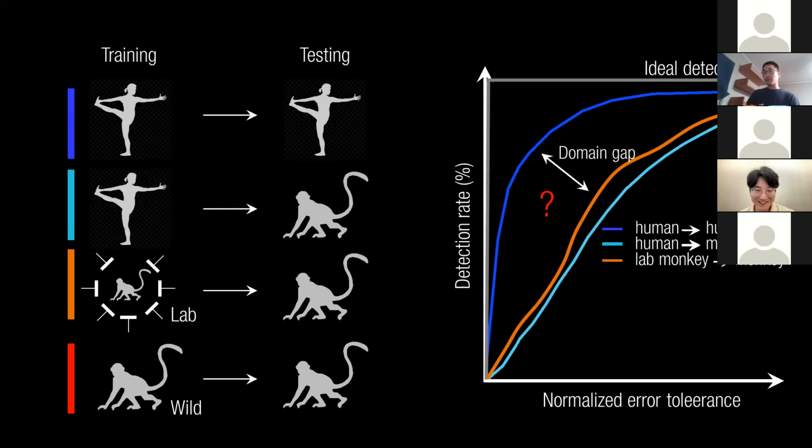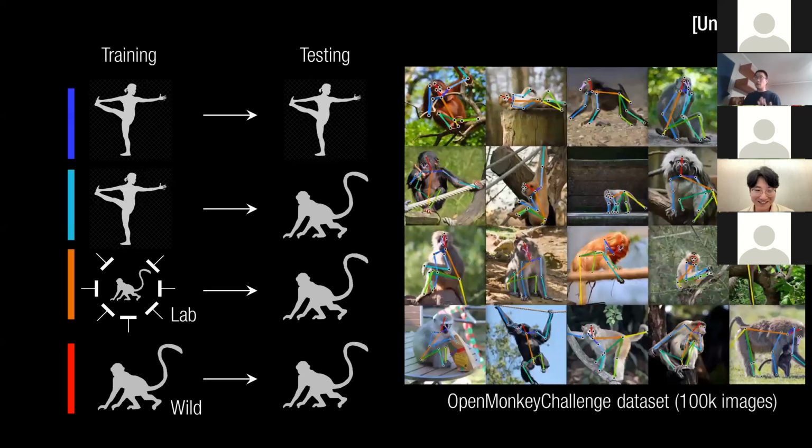Based on this hypothesis, we actually collected a new data set called OpenMonkey Challenge data. It is composed of more than 100,000 images with 17 landmark annotations, and these are from the internet, national primate centers, zoos, and so on. So we collect natural data, and also not only include one species, we include 26 different monkey species and ape species.